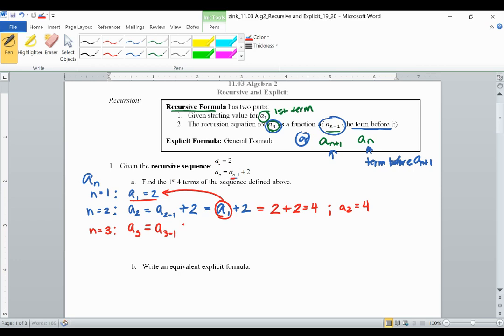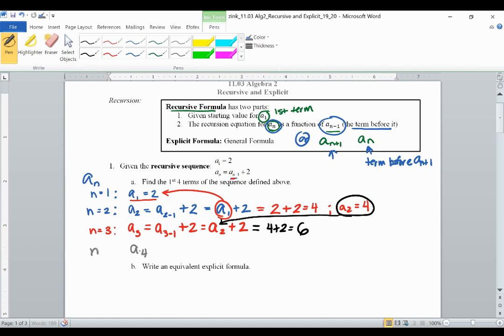So 3 minus 1 plus 2. Well, 3 minus 1 is 2. So again, I'm taking that term before it. So where is a sub 2? A sub 2 is here. So I'm going to sub that in for my a sub 2, which would give me 4 plus 2, which is 6.